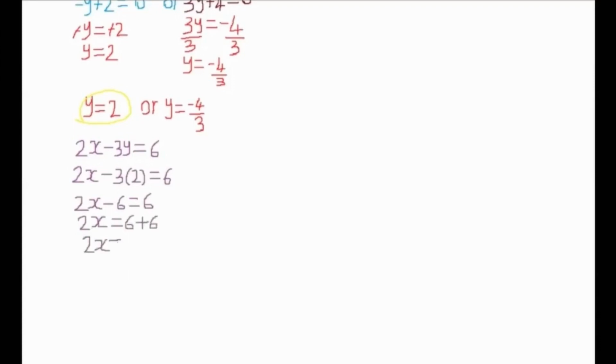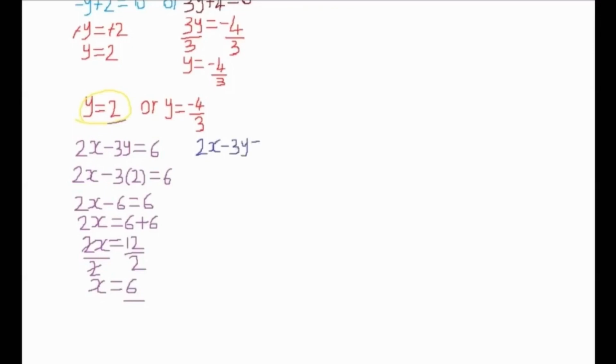So it will be 2x is equal to 12, and then we divide by 2 on both sides. x will simply remain, and x will equal 6. Now let's do that one, which is y is equal to negative 4 over 3.